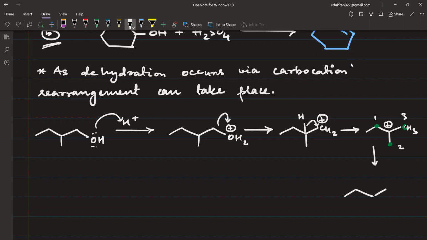That is why I will get a product like this. This will be our alkene here. But if I look at this carbon atom here, this is the OH and it has only 1 adjacent carbon atom, which is this carbon atom here. So our expected product was something like this. This was our expected product.